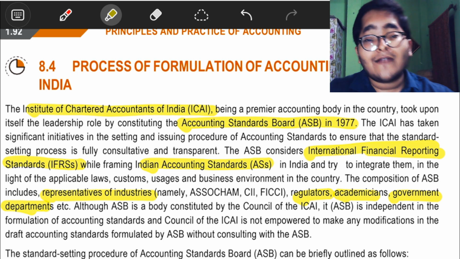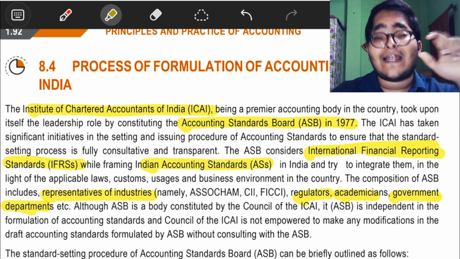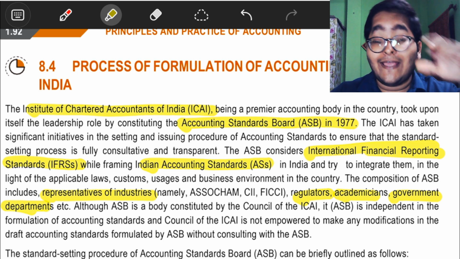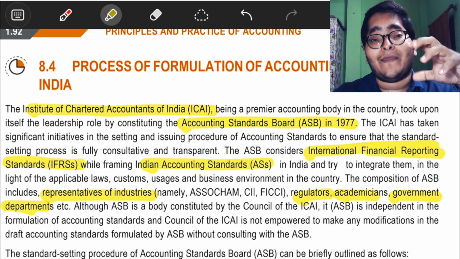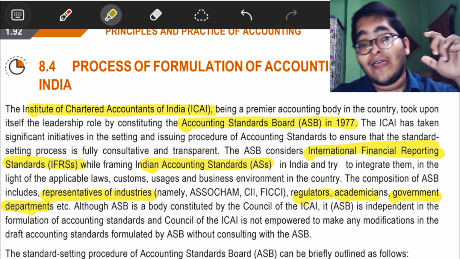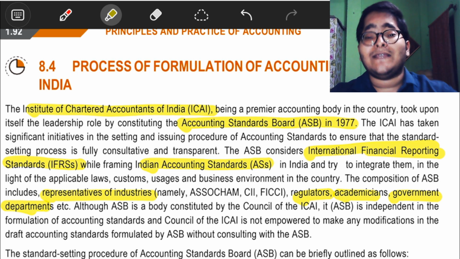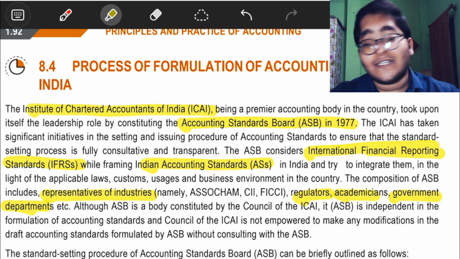The Accounting Standard Board might be part of ICAI. Accounting Standard Board जो है वो ICAI का एक पार्ट हो सकता है, लेकिन Accounting Standard Board अकाउंटिंग स्टैंडर्ड्स को डिजाइन करने में या फिर फॉर्मुलेट करने में इंडिपेंडेंट बॉडी है। आईसीएआई भी एएसबी से कंसल्ट नहीं करके एक अकाउंटिंग स्टैंडर्ड को चेंज नहीं कर सकता है.